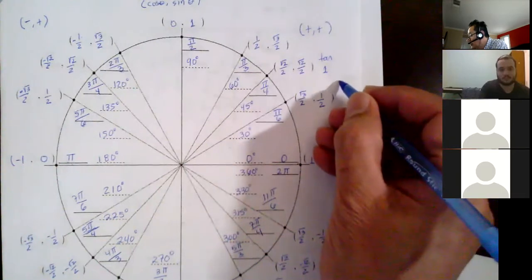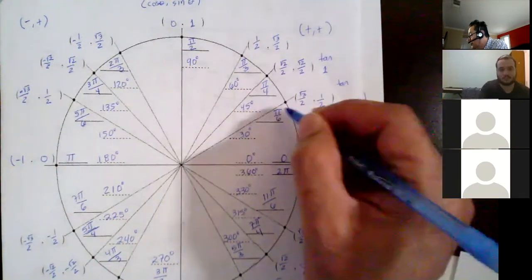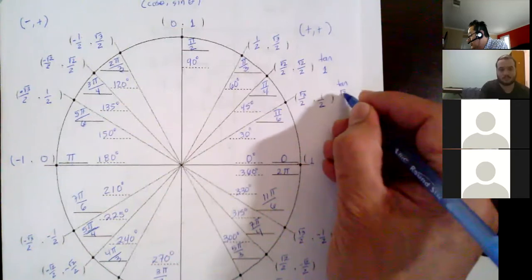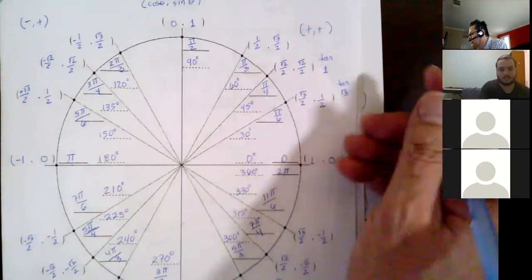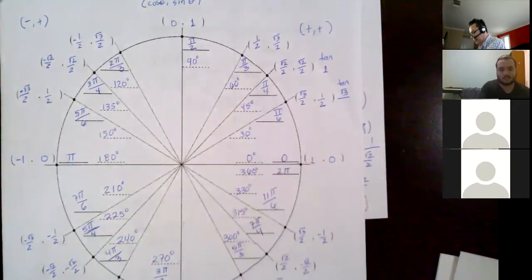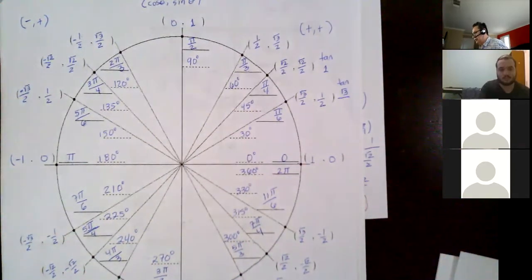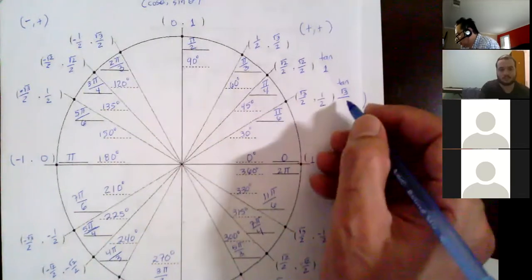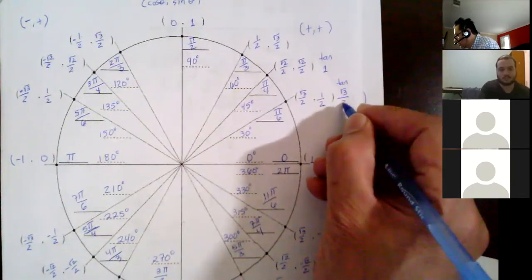Tangent of pi over 6 here is square root of 3 divided by 3.